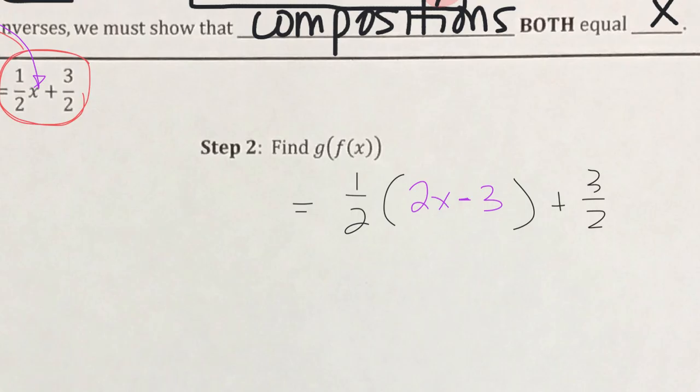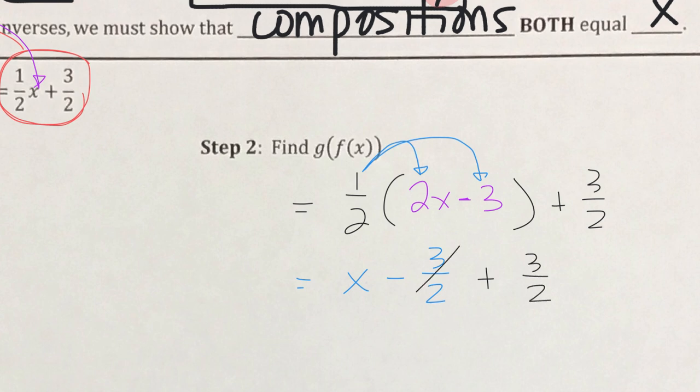Now let's simplify. What is 1/2 times 2x? It's just 1x. What's 1/2 times minus 3? Minus 3/2. And then I still have my plus 3/2 from my original equation. Minus 3/2 plus 3/2 is 0.